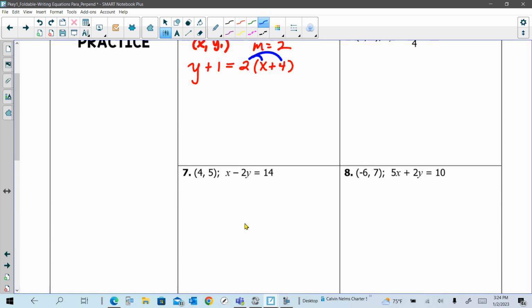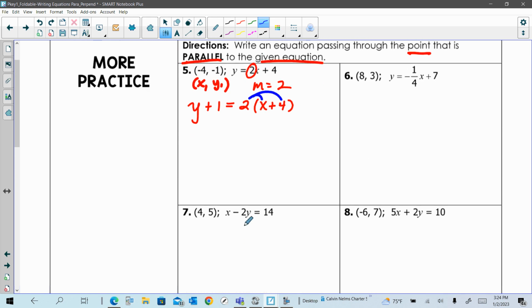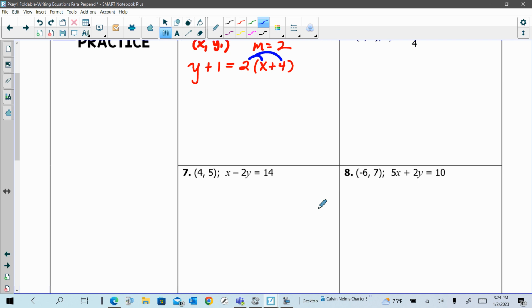Now, in order to see our slope, just kind of review something real quick. This is not in slope-intercept form, which is mx plus b. I have to have it in this form so I can see the actual m, which is a slope. So in this example on number 7, the first thing you're going to need to do is change it to that form by solving for y. So that means you have to do the opposite, or move the x term by doing the opposite of the x term.